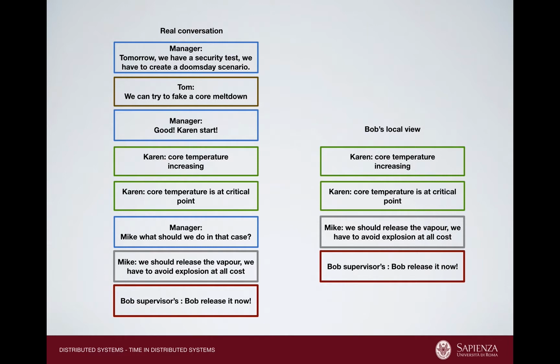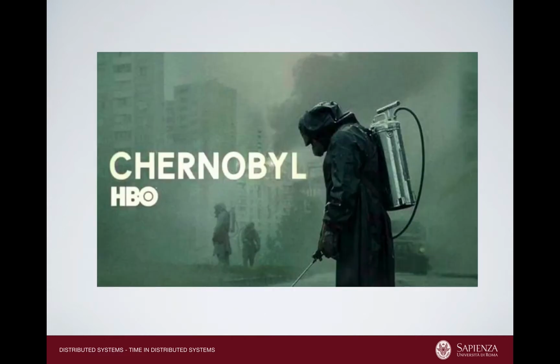He does not know that this is an exercise and a simulation because he didn't receive the messages from the manager and from Tom. This can happen because in asynchrony we have an adversary that decides when an event or message is delivered. And if we implement the chat in the naive way we have described, this example is possible. Bob can do an action, and this action can create irreparable damage, and in a mission critical scenario it can cost human lives.